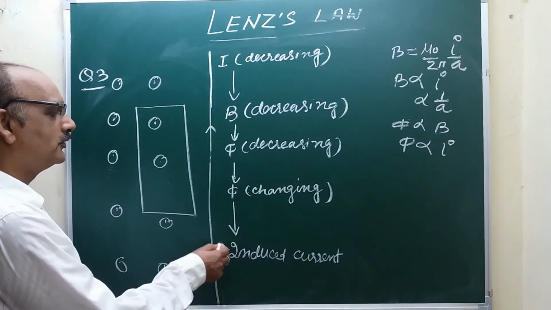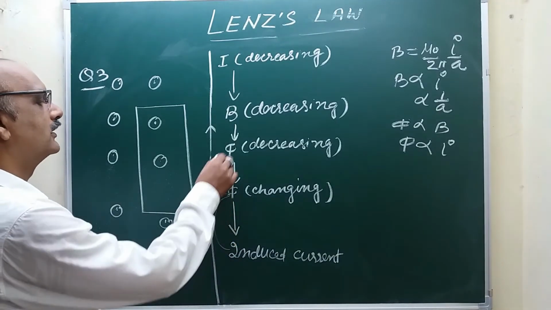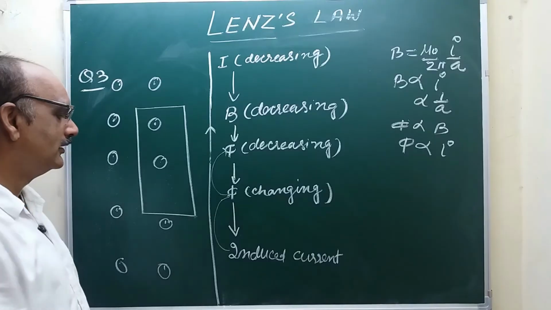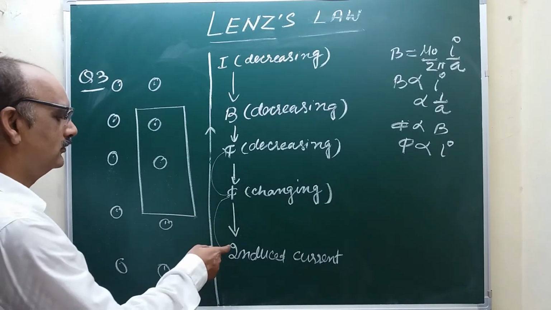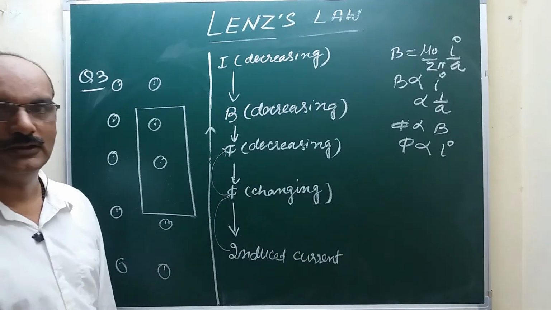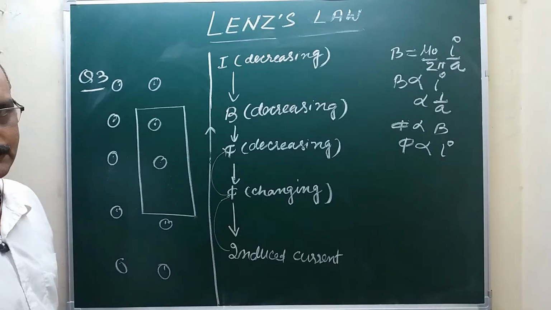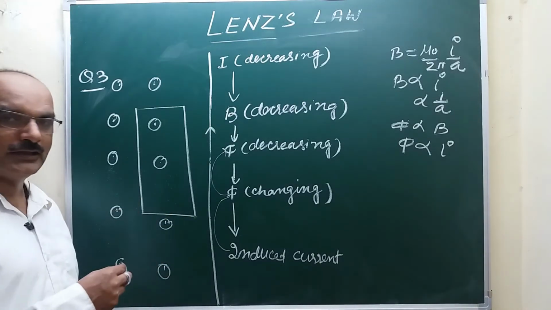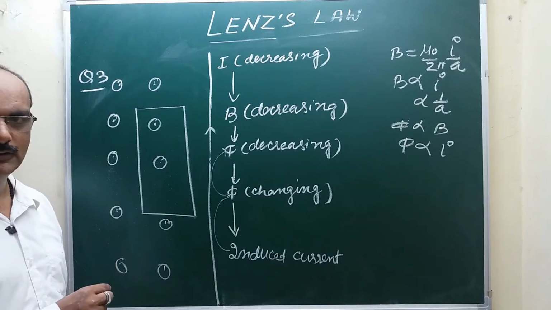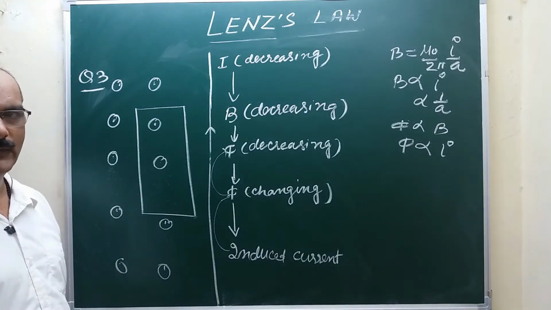Why is induced current produced? Change in flux. How is flux changing? It is decreasing. It means that induced current is going to oppose this decrease. That is, induced current is going to increase the magnetic flux. So the direction of induced current will be such that it is going to increase the flux.